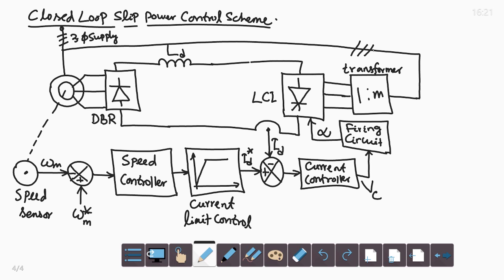This is the 3-phase line connected to the 3-phase supply. So, this is the closed loop control scheme.